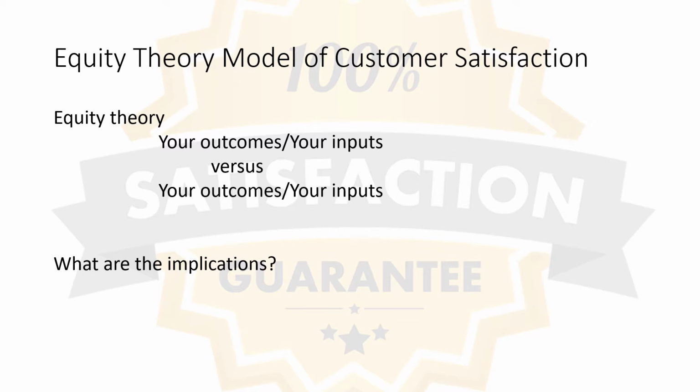So an example of equity theory is you and I go out to a restaurant to have dinner. You order the $15 meal and I order the $30 meal. And when your $15 meal comes, it's a beautiful presentation. The food is great and there's a large quantity of it.